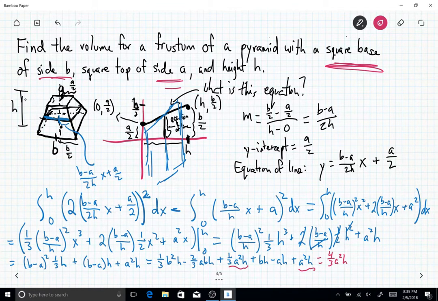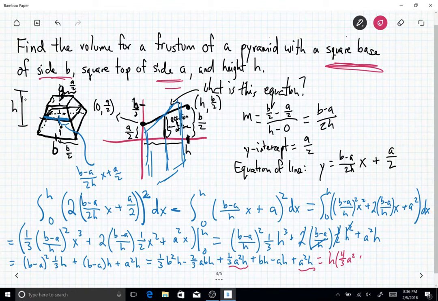In fact, you can factor out an h out of everything, to be honest with you, and that probably looks a little bit better. So you'd have h, and you have the 4/3 a squared. Okay. Then we have, what do we have? We have a 1/3 b squared h.